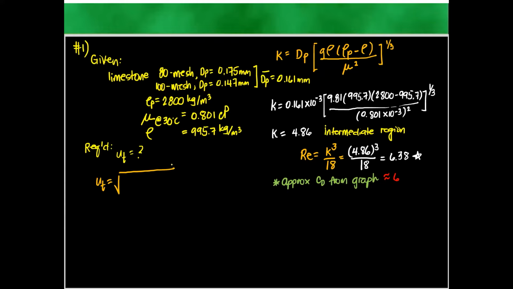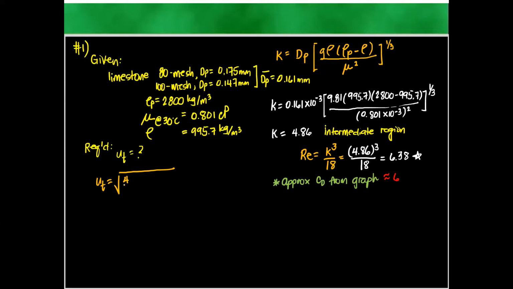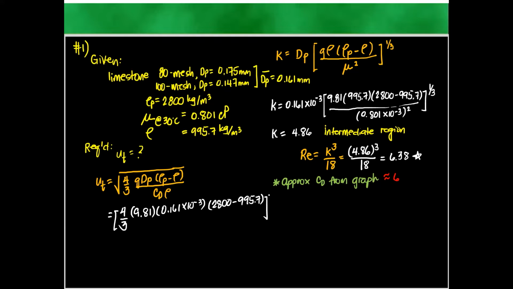Since this is the intermediate region, as I said, let's just use this one, the 4/3 g d, rho of particle minus rho all over CD rho, 9.81, 0.161 times 10 to the negative 3, 2,800 minus 995.7. Everything is raised to 1/2.